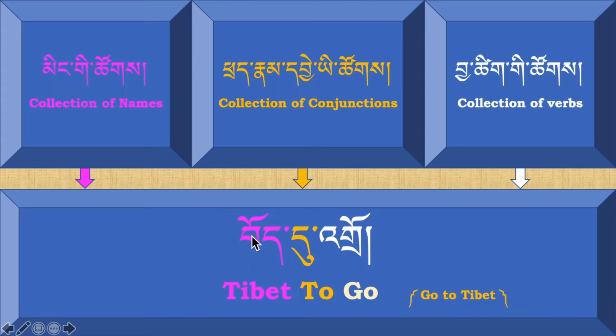And the second one is Du, meaning to. So this is the Tibetan Te Namyegi Tsok, collection of conjunctions. And the third one is Do, meaning go, coming from the collection of verbs. Ja tsik is the verb, gi is of, tsok is collection.